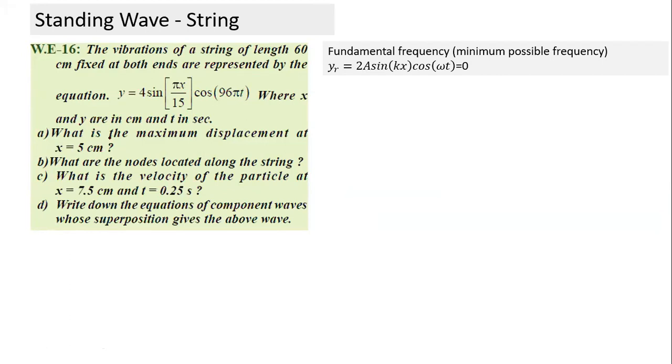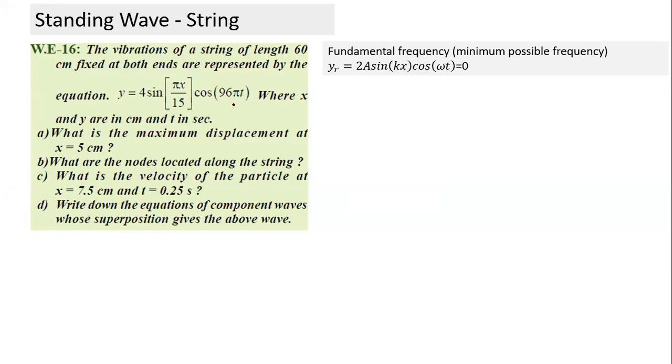This equation has specific values, whereas our general equation was 2a sine kx cos of omega t. If I compare here, we can find different things. What are the things I can find here?